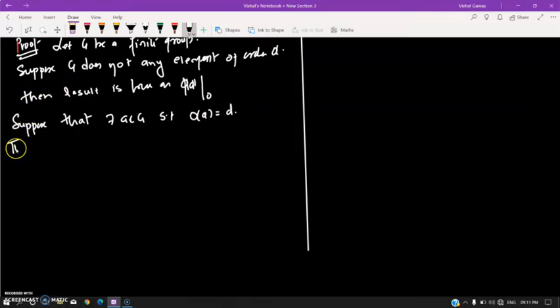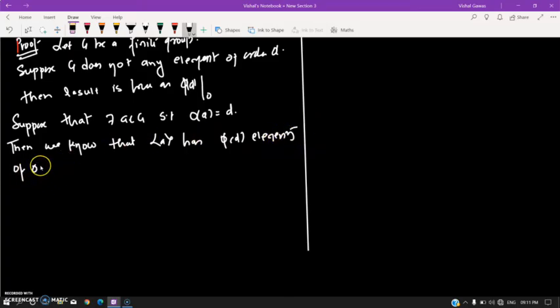If order of A is D, then we know that the subgroup generated by A will have phi of D elements of order D, because it's cyclic, right?